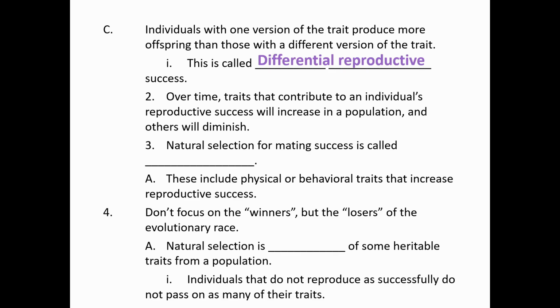So since the resources are limited, you can only capture so much. And the better you are at capturing those resources, the better your reproductive success can be. So if you have traits that allow you to capture those resources, whether it's mates or food or shelter, whatever it is that gives you an advantage at doing those things and reproducing, you're going to do better. And there will be individuals who don't have as good of reproductive success because they can't capture those.